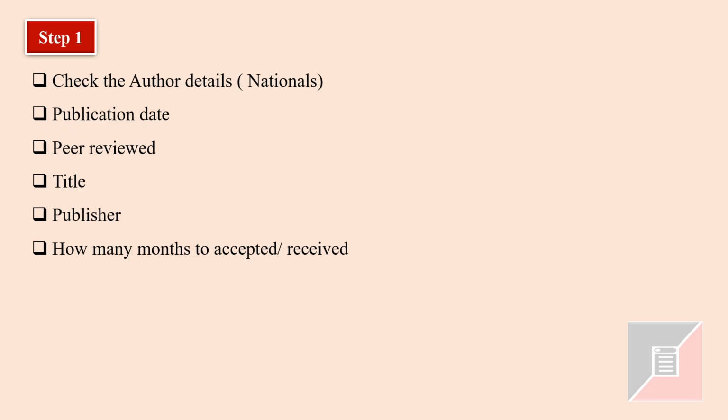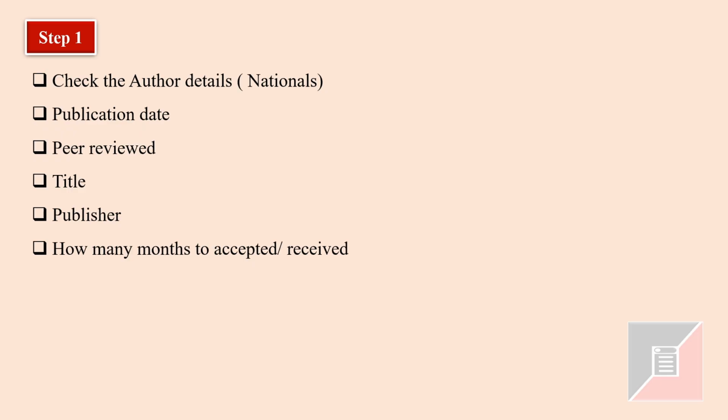Another thing is the publication date. Reputed journals take a certain number of days to publish. For example, an article received one year back may be accepted after a year, or it will take 8 or 9 months. It depends on whether it is a peer-reviewed journal or a non-peer-reviewed one.